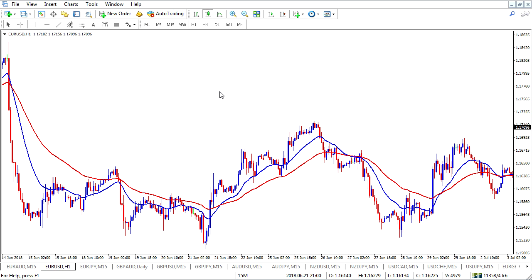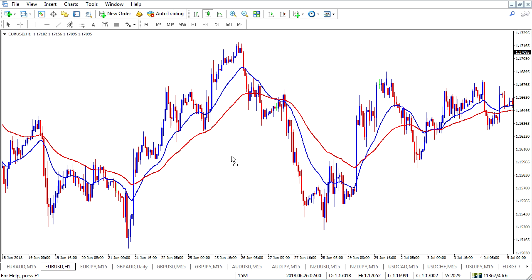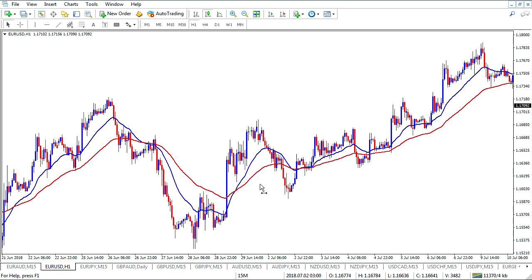Most people, when they get a set of moving averages, are instinctually looking for crossovers and taking trades on the crossover. And a long-term moving average is not meant for crossover trading. When you have a 21 and a 55 period moving average, oftentimes the market has to move quite a long way before we get a crossover of these moving averages.